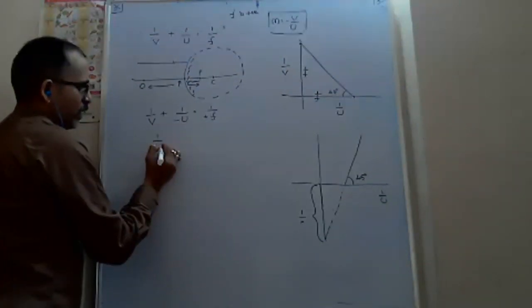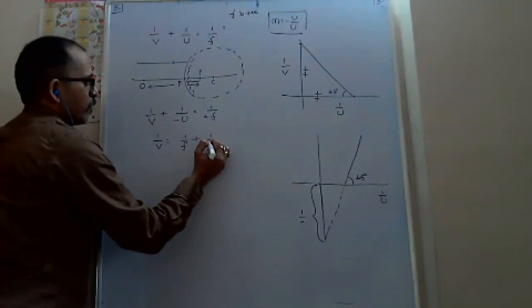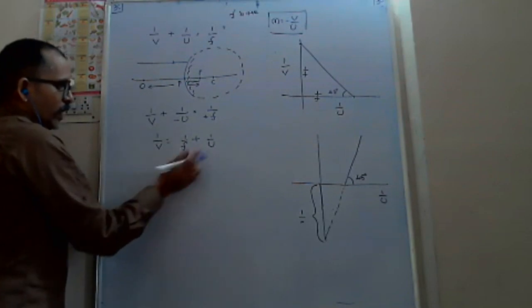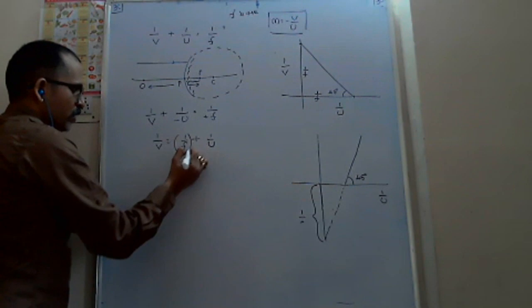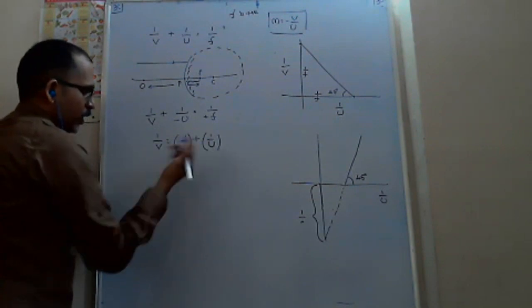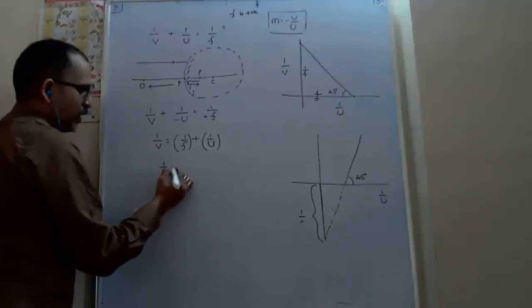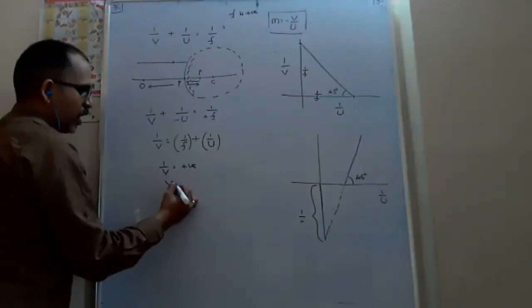So you are getting 1 by v equals 1 by f plus 1 by u. Look here, after applying the sign conventions, this is positive and that is also positive. By adding two positive values, obviously you will get 1 by v positive. So v is always positive.